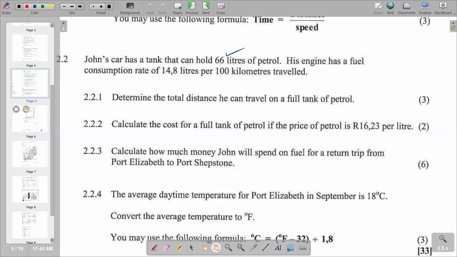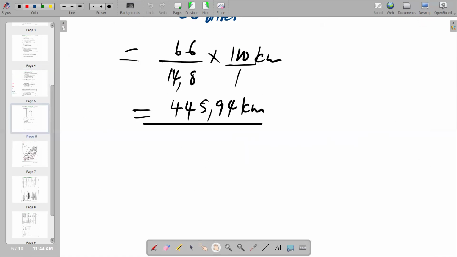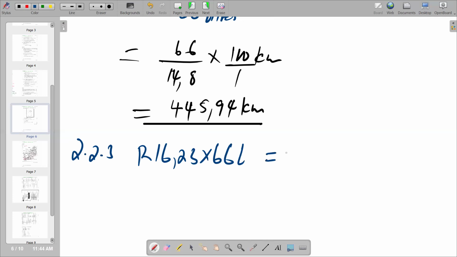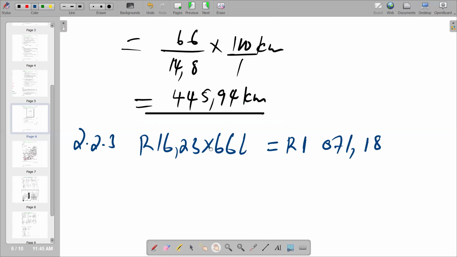So 16 rands 23 cents times 66 liters gives the total cost, which is 1,071 rands 18 cents.